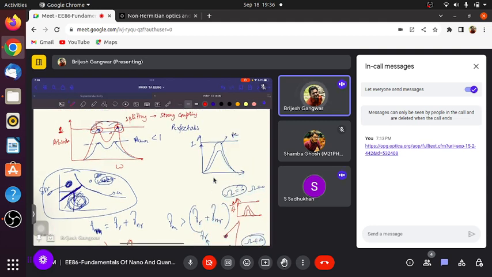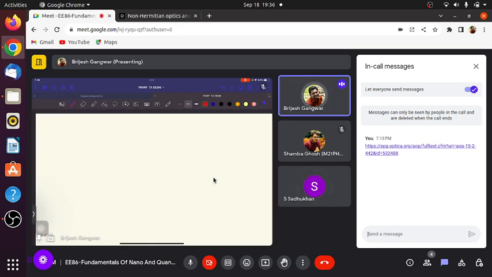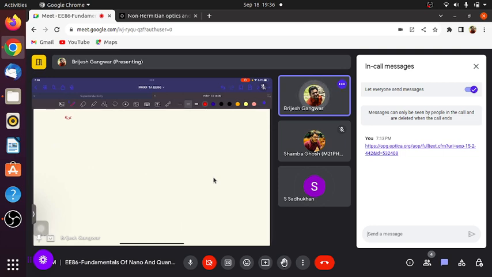In the strong coupling region we talk about the Rabi splitting, this splitting energy, because in this state, if you have matter and one exciton, on that basis it is called exciton polariton. You have heard the name? Actually, I don't have much concept of this exciton polariton.